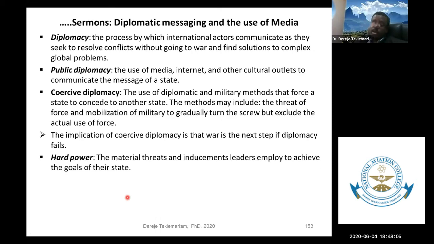Anyway, there are different types of power when we are dealing with the issue of diplomacy. Power really matters, and this power can be classified into hard power and soft power.